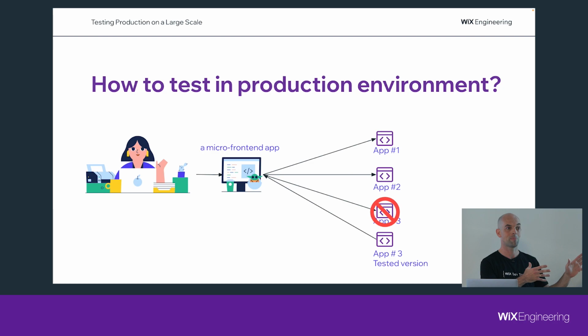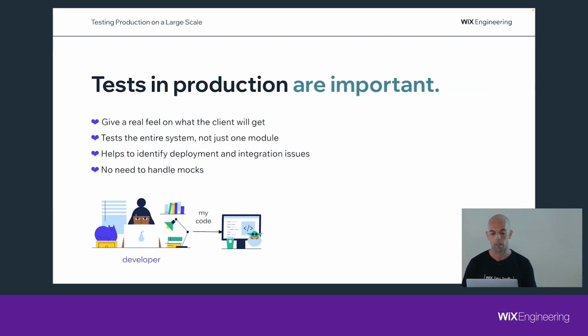Question about that? Great. So, testing in production is important. I hope you understand it by now, because as I said before, it gives you a real feel for how the user will see the system. What you see here is what the user will actually get, and not something mocked or something that might be affected from outside.